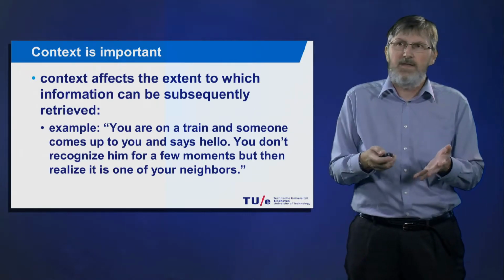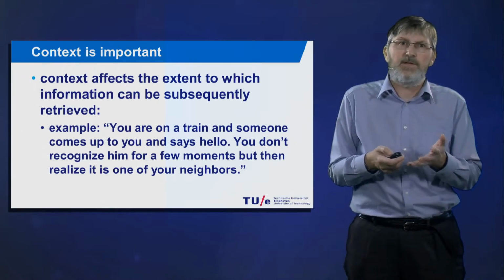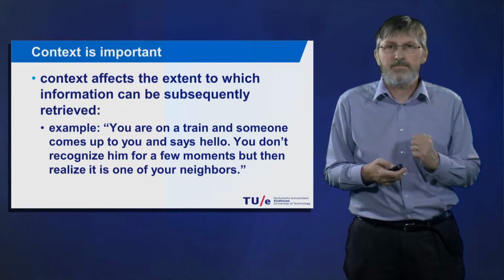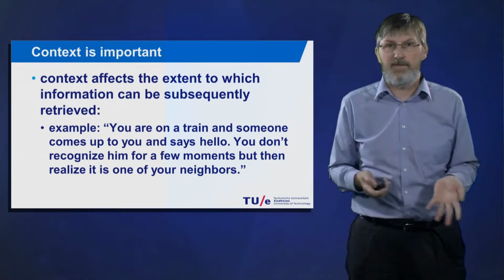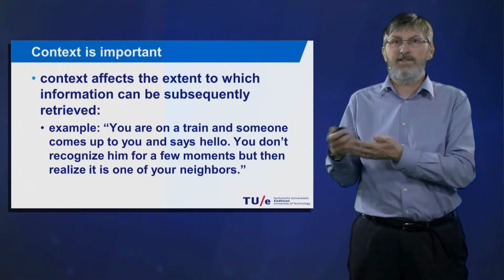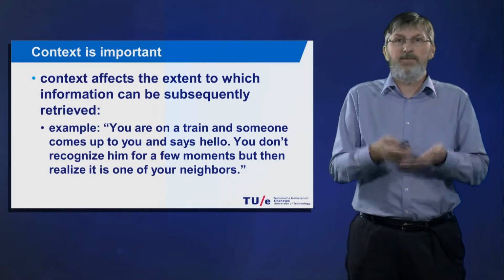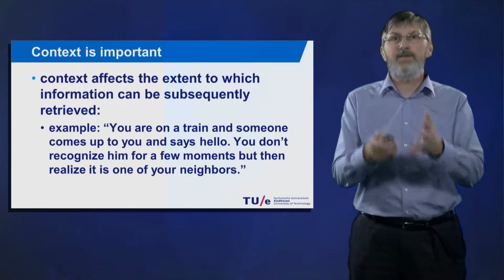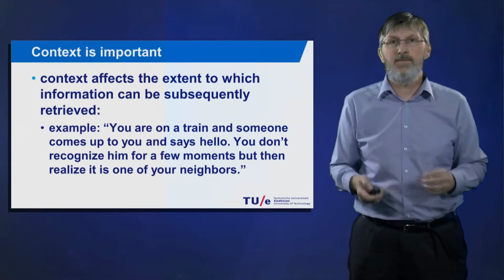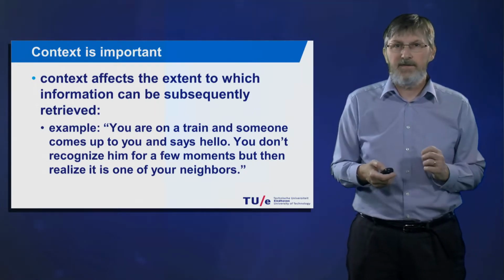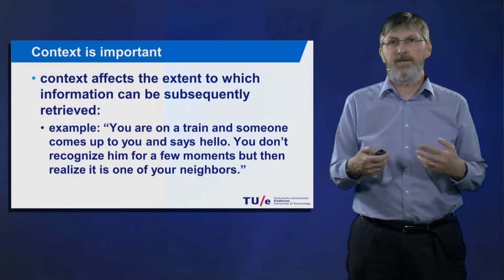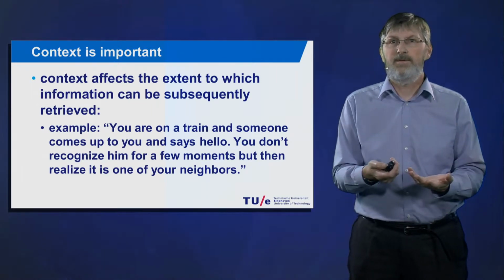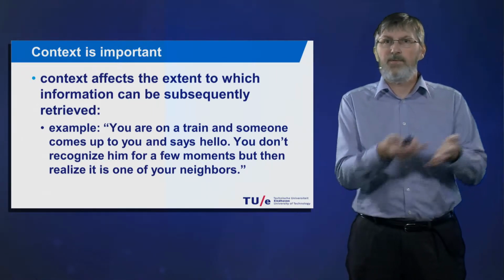We say, yeah, I know this person, but where do I know him from? It may actually be one of your neighbors. It may be one of your classmates, but you see them in the wrong context. So please, when you see me in a supermarket, don't expect me to recognize you when I only know you from class.